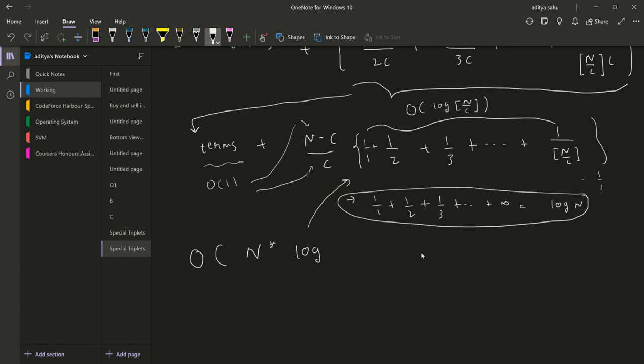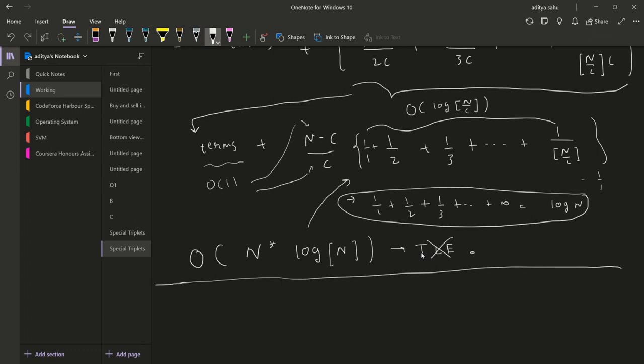So this series sum can be calculated in log of n by c, or in the worst case log of n. So this will not give you any TLE.